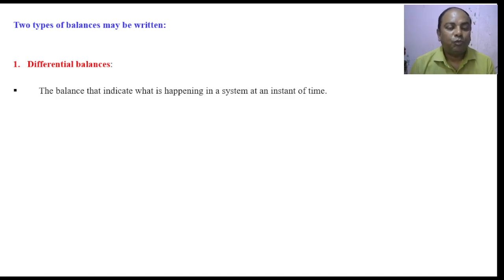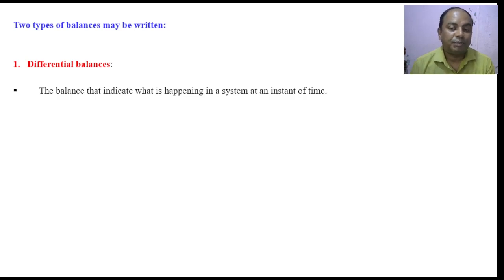We will see one by one in detail what exactly a differential balance is. A differential balance indicates what is happening in a system at an instant of time.